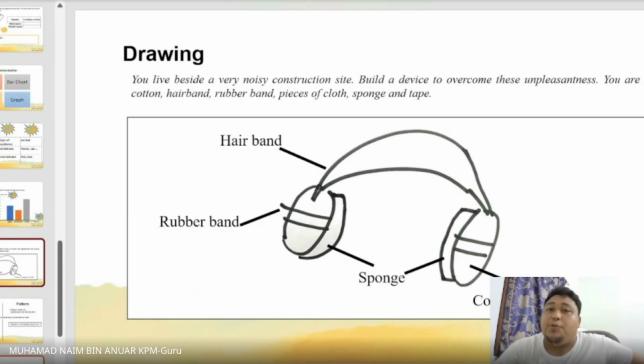And after you draw, because I know this is not an art class, some of you draw very good ones, some of you are not gifted to draw. It's still okay. Try to draw your best, but after that, label your drawing. Here: hairband, rubber band, sponge, cotton wrap enclosed, so that I know, oh, this is your idea. Like Pan Simon asked just now.